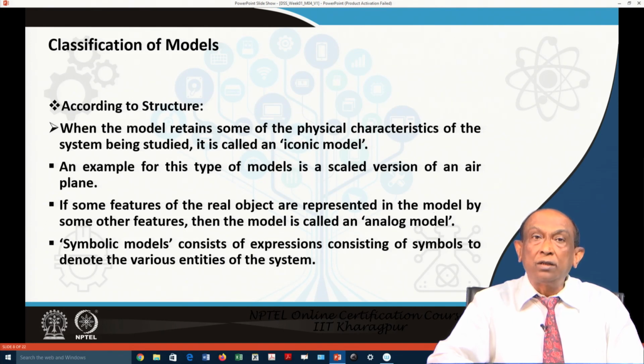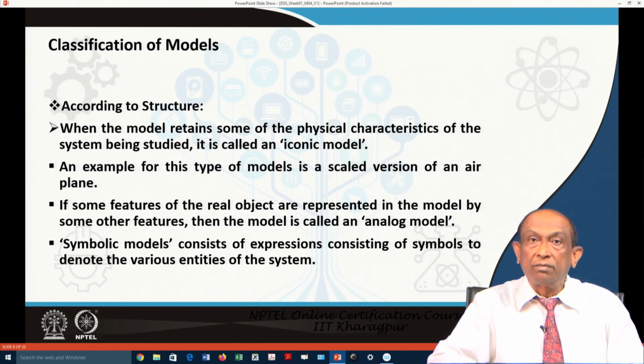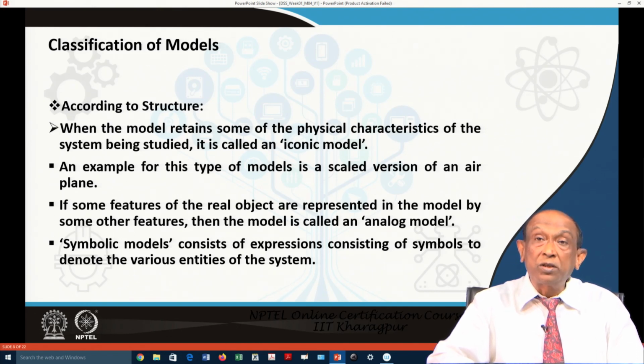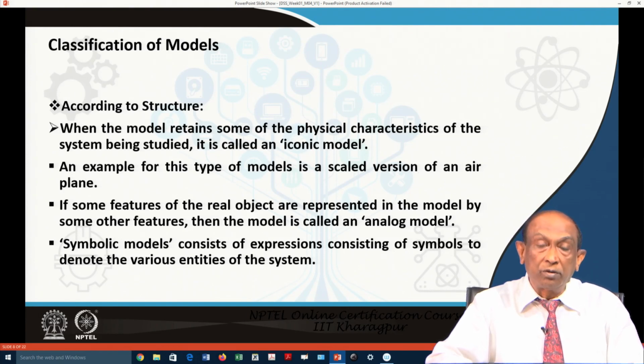And symbolic models consist of expressions which involve symbols to denote the various entities of the system. These are very much important in the field of management, industrial dynamics problems. They basically use symbolic models.